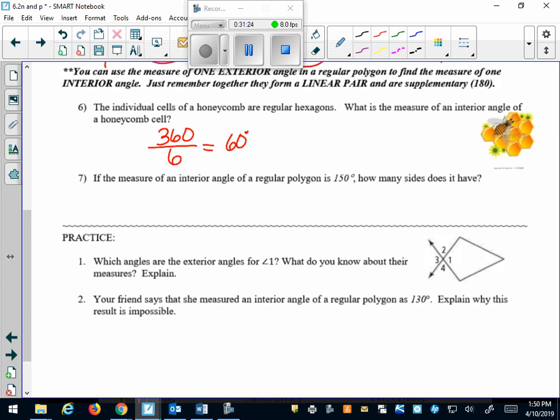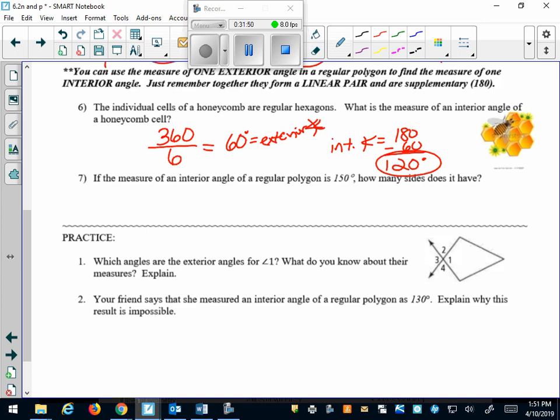We're going to get 60 degrees equals an exterior angle. Right? So how do we get the interior angle? 180 minus that. Okay? So the idea is to use the fact that the exterior angle is a little bit easier.